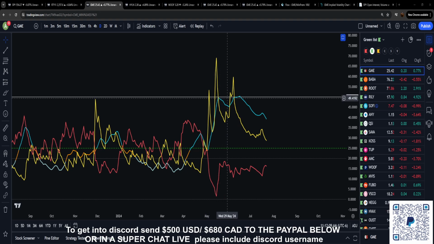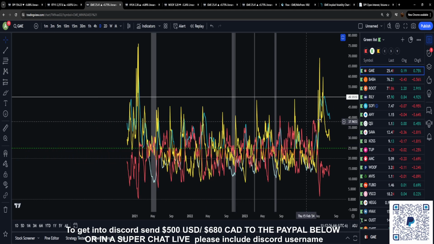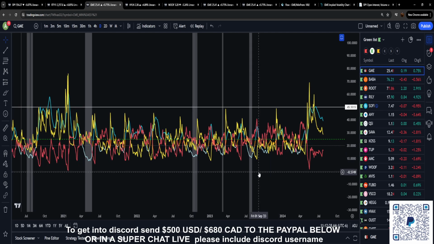And more specifically, when you see the ADX rise above 50, that typically means that the end of that move is very close to taking place. You will see if I zoom out, there are very few instances in which GME on the daily had its ADX and its DMIs both break 50.